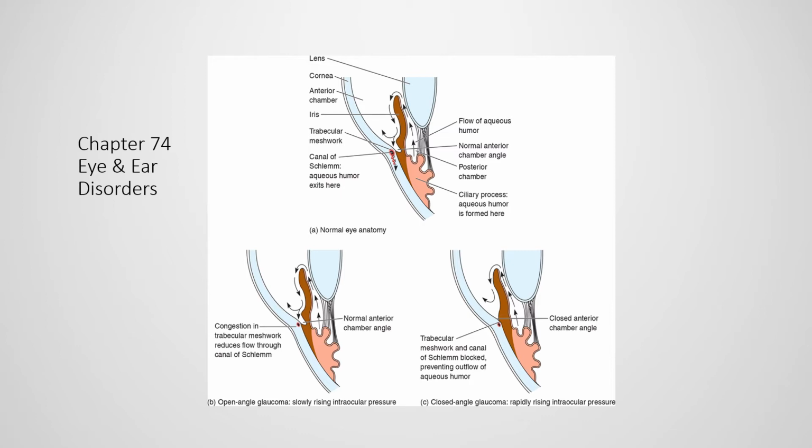So those are the two ways you can reduce intraocular pressure, right? Reduce the amount that's produced, or help increase the flow through the trabecular meshwork. Okay, so that's chronic open angle glaucoma.